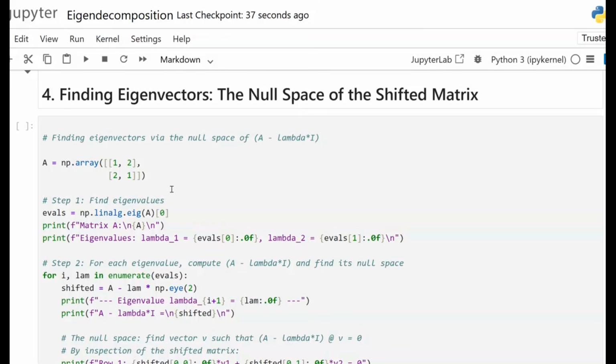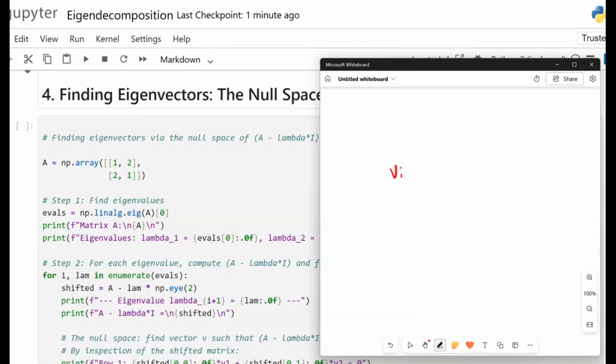Dear friends, once we have the eigenvalues, finding the eigenvector is conceptually straightforward. Each eigenvector v lives in the null space of the matrix shifted by its eigenvalue. Mathematically, v sub i belongs to the null space of A minus lambda sub i times I. That is, every eigenvector lives inside the null space of its shifted matrix.